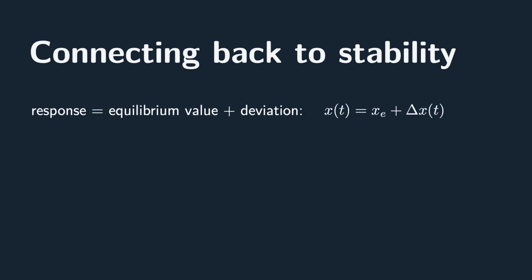To connect characteristic roots back to stability, we think about deviations from equilibrium. We can write x of t equals xe plus delta x of t. This means the response is the equilibrium value plus the deviation from that equilibrium. If the deviation delta x of t goes to 0, then x of t returns to xe. This corresponds to asymptotic stability.